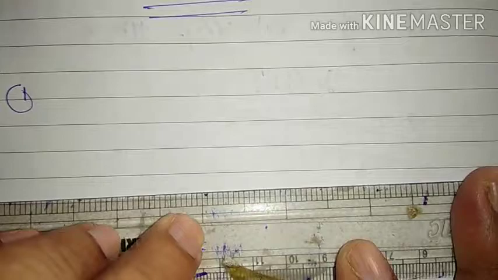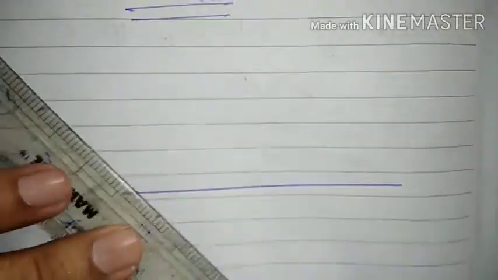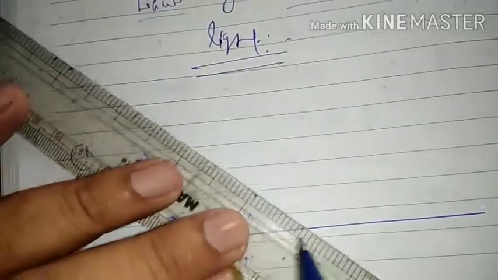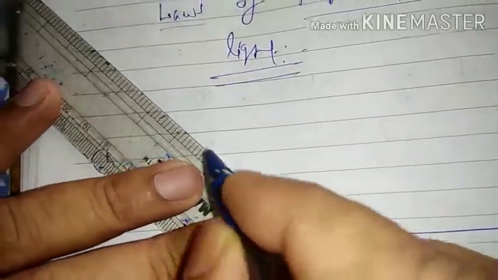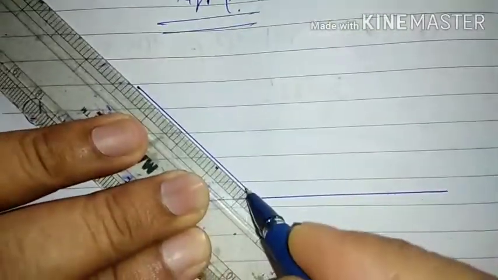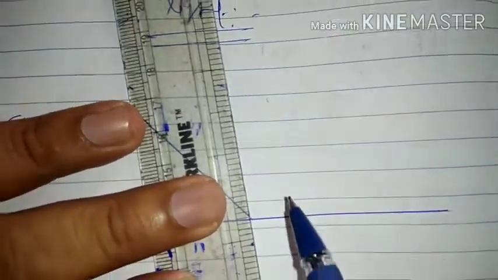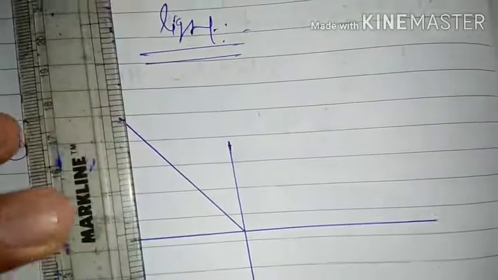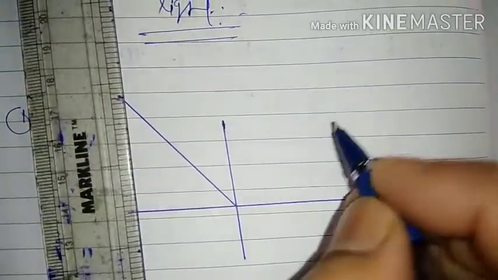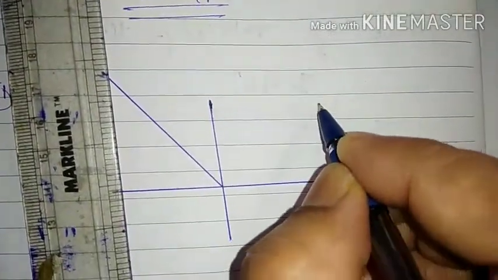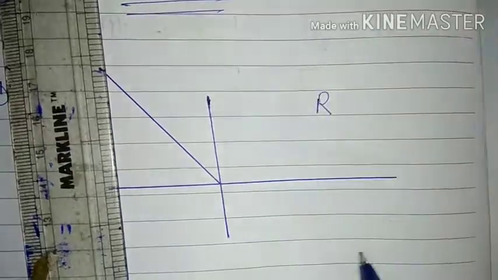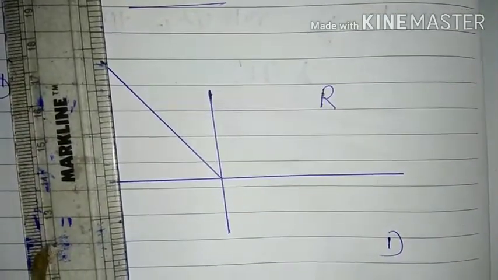First law states that suppose this is a boundary between two transparent media, and at any point this is incident ray, this is normal at the point of incidence, and there may be two situations: either rays of light travel from rarer to denser or from denser to rarer.